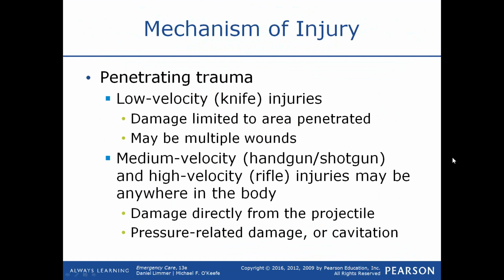And as the body's tissue slows the bullet down, energy exchange takes place and a huge cavity is formed. If you've ever watched somebody shoot a round into ballistics gel, you can see how it rapidly expands and then collapses. And this is known as cavitation.